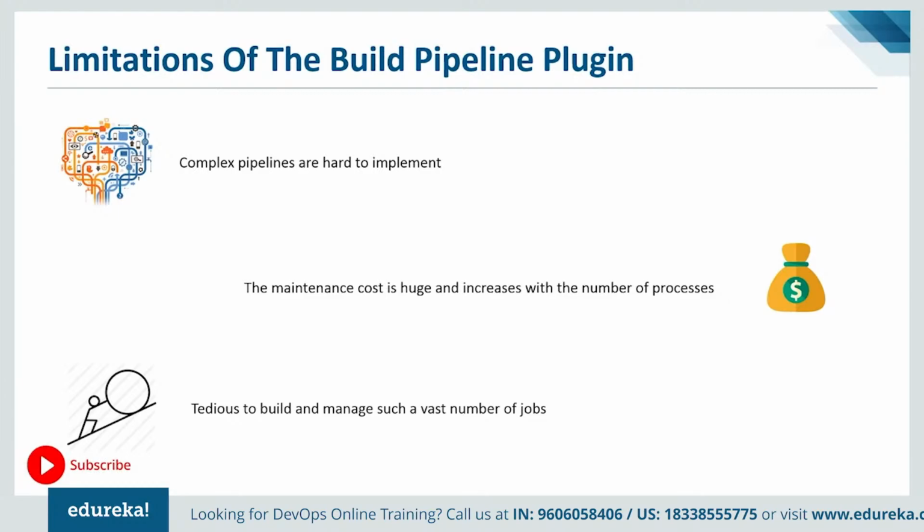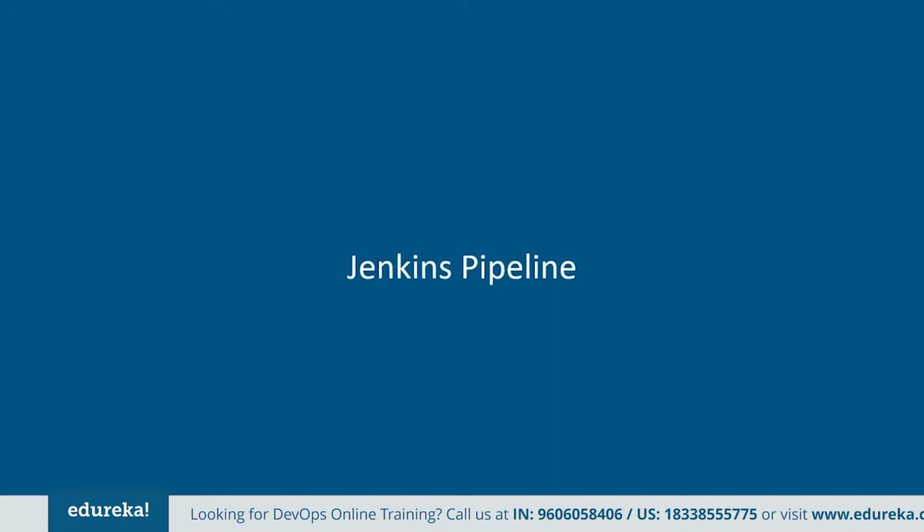Now imagine creating 100 jobs individually, then assigning processes to each of these 100 jobs, then chaining them together and then running them on the pipeline. Now this is very complex, guys. It takes up a lot of resources, it takes up a lot of time, and it's also very tedious to do. So for these reasons, the Jenkins pipeline project was introduced.